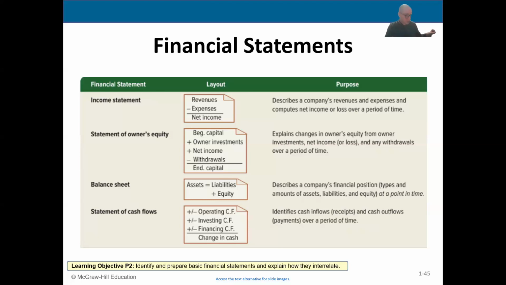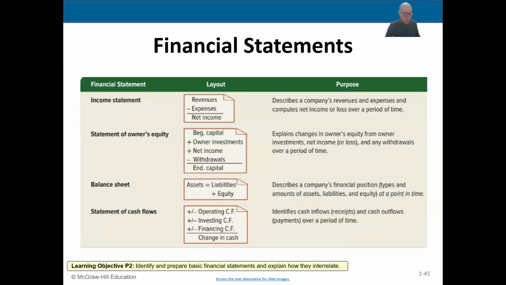Investing cash flow represents the business purchasing or selling property, plant, and equipment. We purchase fixed assets like property, plant, and equipment to invest into the company, to grow the company. So that's why we call them investing activities. This is cash coming into the business from the sale of property, plant, and equipment, or cash going out of the business for the purchase of property, plant, and equipment. And then we have financing activities.